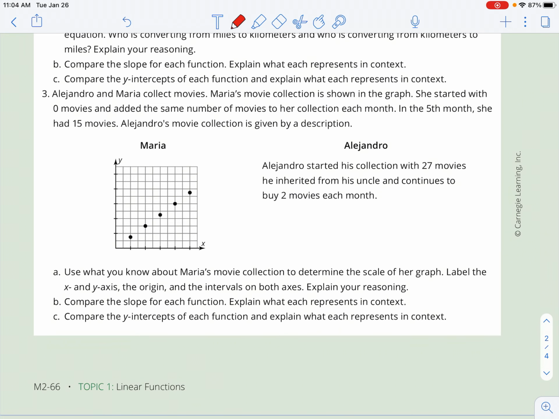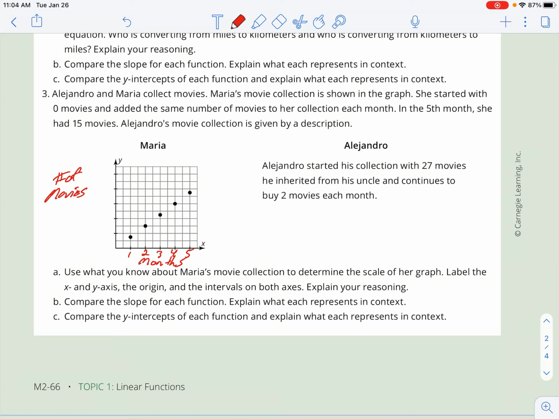Okay, number 3. Alejandro and Maria here are talking about movie collections. So for Maria, the bottom axis is going to represent our months. And we're talking about each month where she continues to get movies. So that's what those data points are representing. And then the y-axis will be the number of movies.